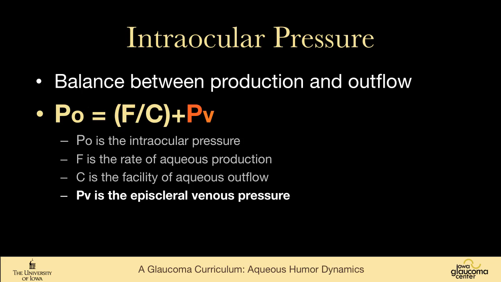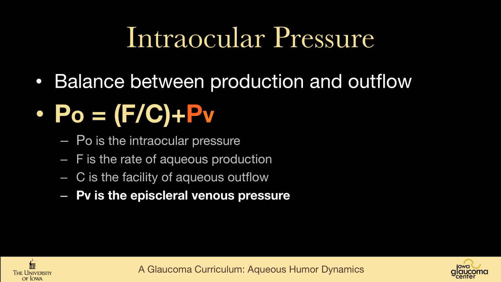So if you have somebody whose pressure is 11 and you're thinking that you might do trabeculoplasty or put them on a drug that will increase aqueous outflow, you're not going to make the pressure lower than episcleral venous pressure, which is somewhere between 8 and 10 millimeters of mercury.